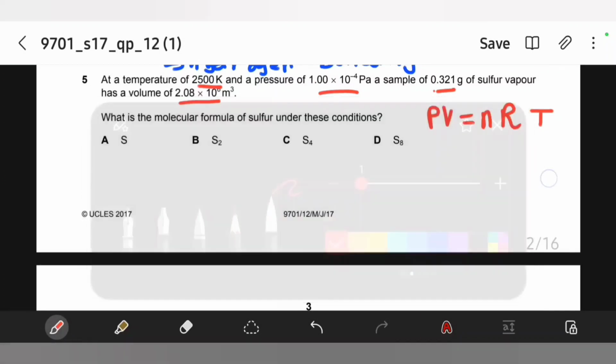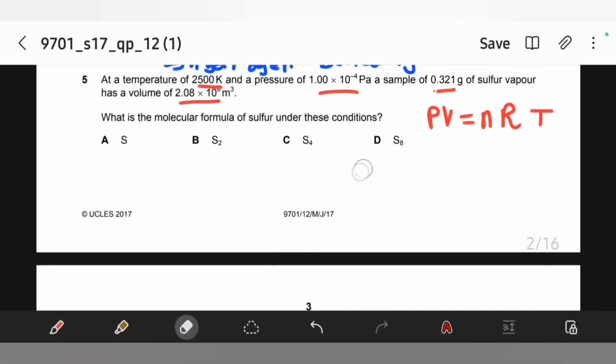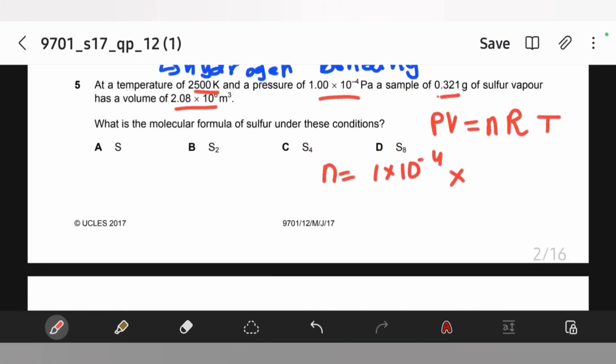So let's write them. We need to find out the moles first, then we can use those moles to find out the Ar. So let's make n the subject of the formula and put in the values. n is equal to pressure, which is 1 times 10 to the power minus 4, and volume, which is in meter cube, and that is the right unit, 2.08 times 10 to the power 6, over 8.31.